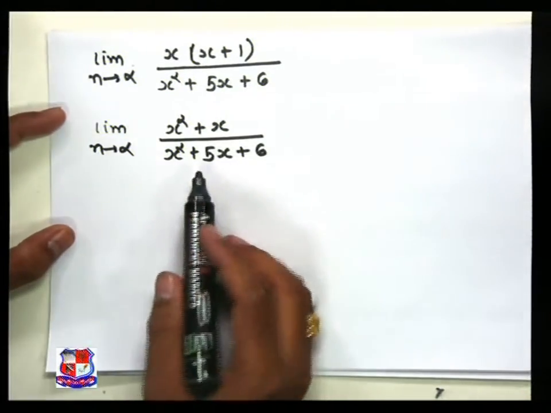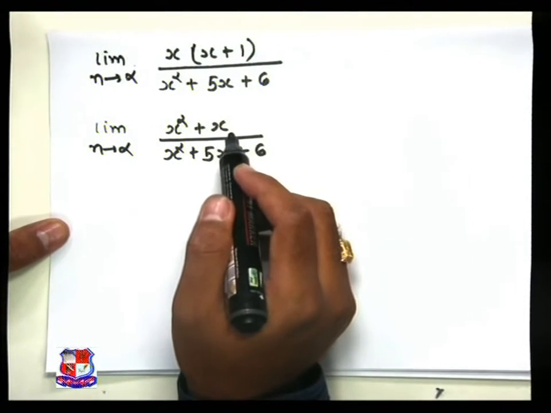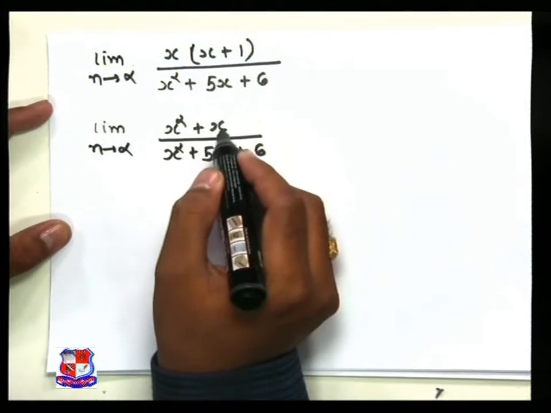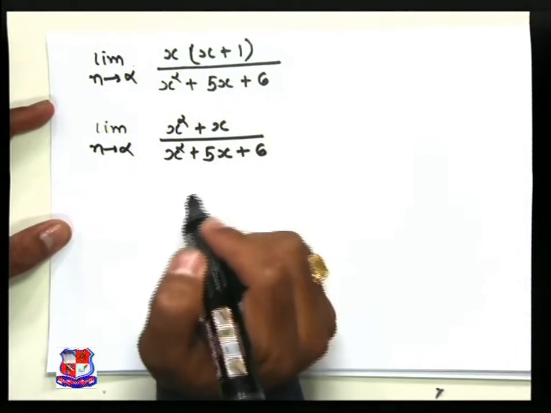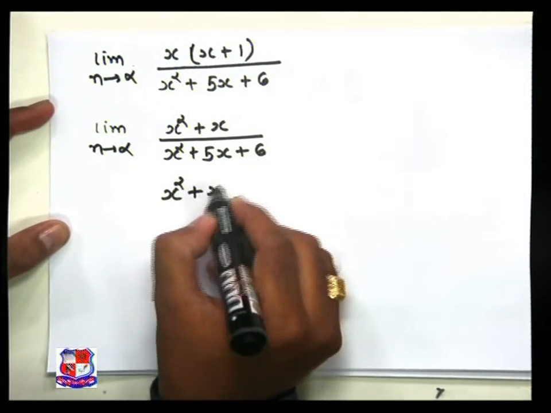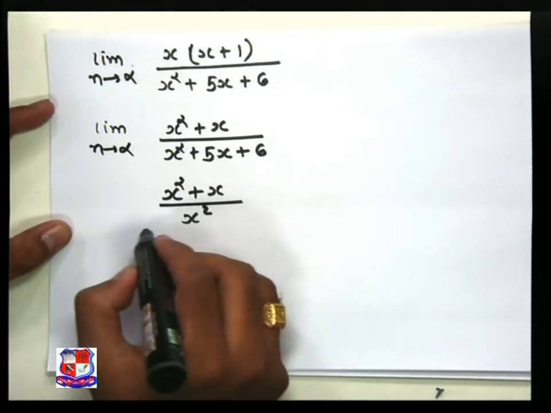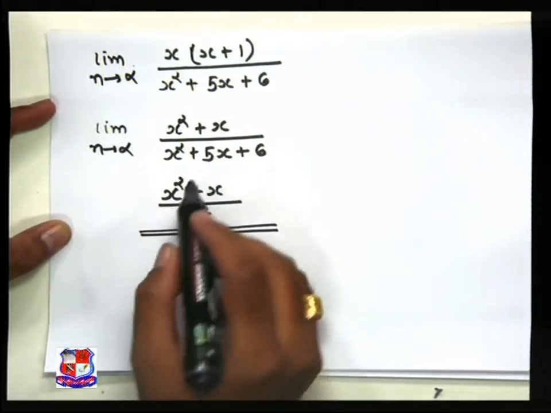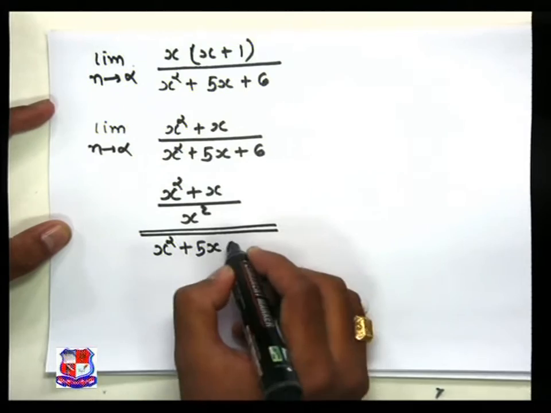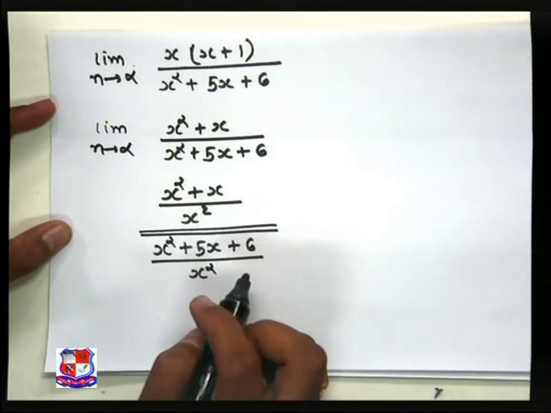Now we want the 1 upon n term, or 1 upon x term, so we divide by x square on both sides, numerator and denominator. We can write x square plus x divided by x square, all divided by x square plus 5x plus 6 divided by x square.